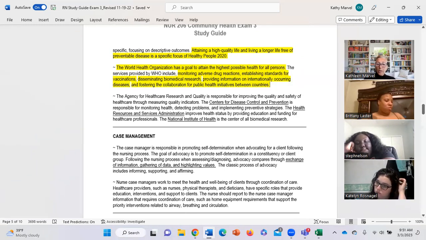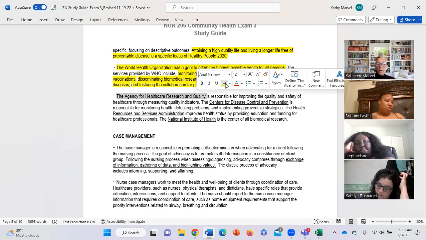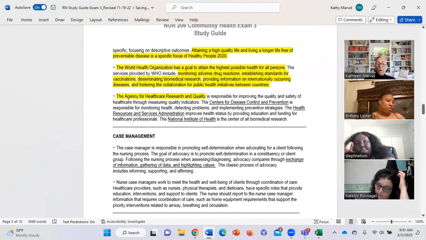And then this last bullet is several different agencies. Just have an idea of what the agency is and what they're responsible for. So for example, the Agency for Healthcare Research and Quality is focused on improving quality and safety for healthcare. Know what the CDC does?